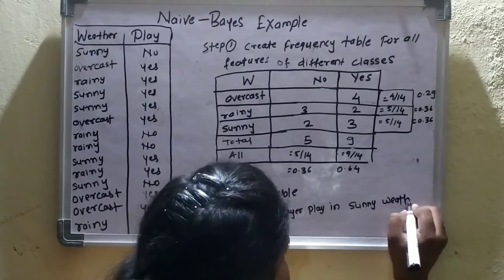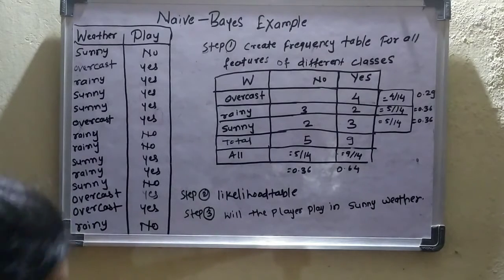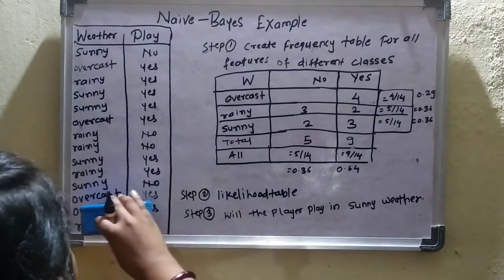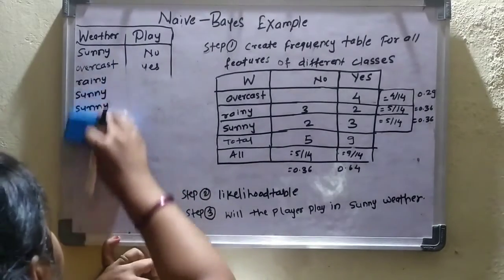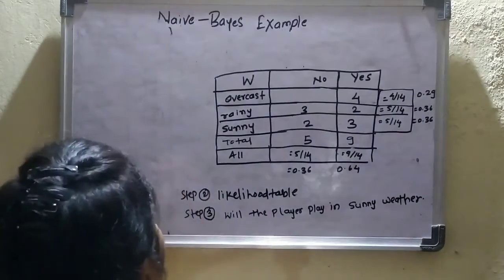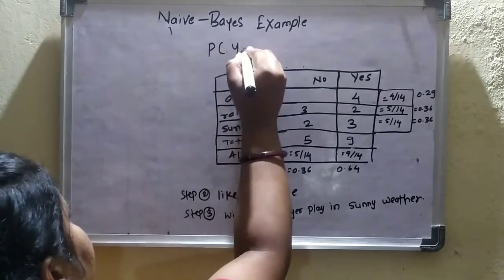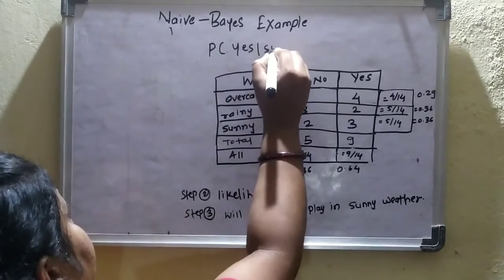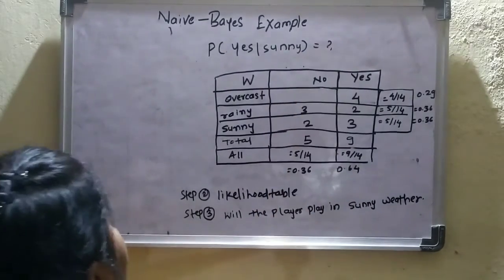So the condition is given as, will the player play in the sunny weather? Now we don't want this table, so I will erase it so that we can solve the numerical. Now we have to find out the probability of yes in Sunny. So this is our question.